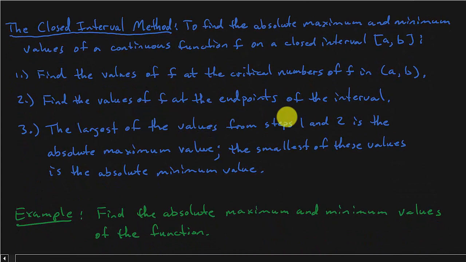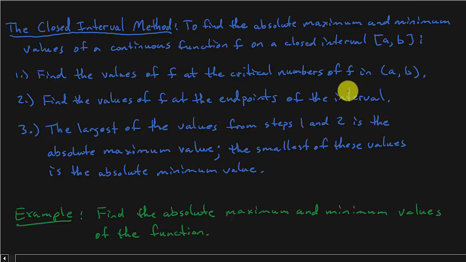All right, the closed interval method. To find the absolute maximum and minimum values of a continuous function f on a closed interval [a, b], okay? So now we're going to find the absolute maximum and minimum value. So how do we do that? Well, we find the values of f at the critical numbers of f in the open interval (a, b).